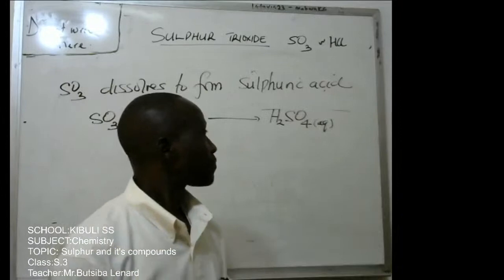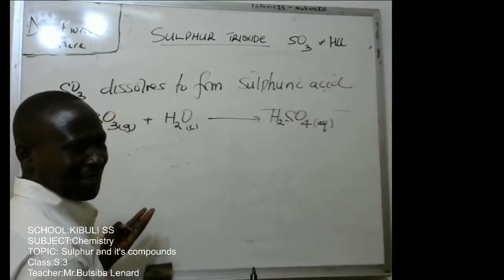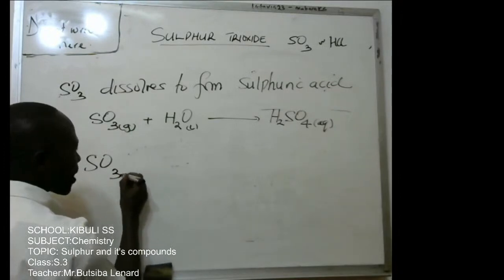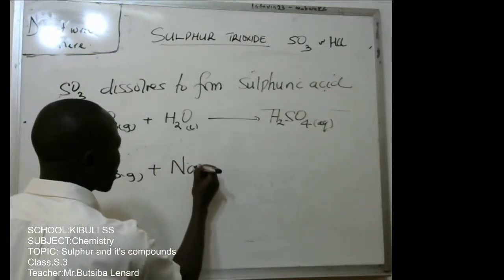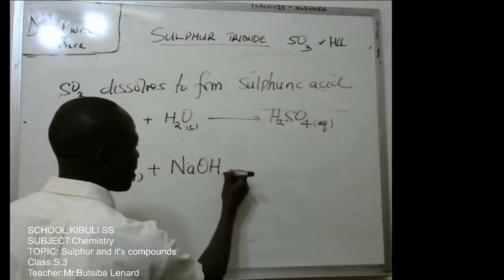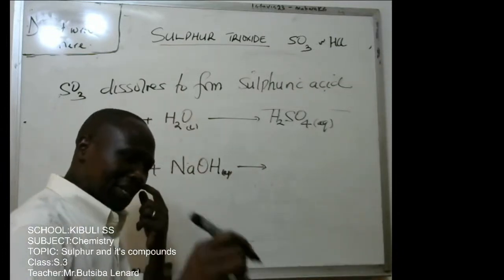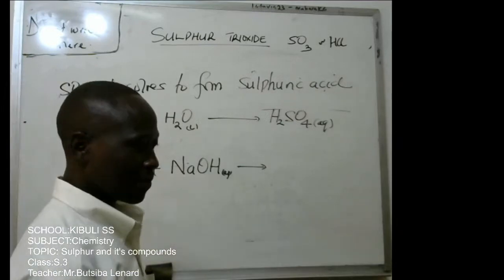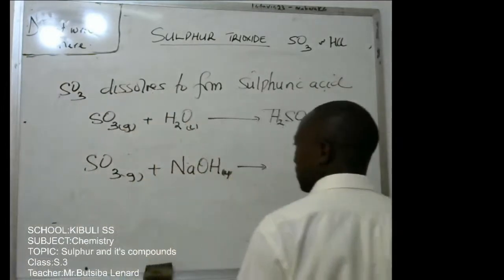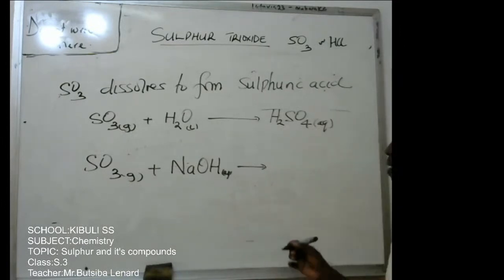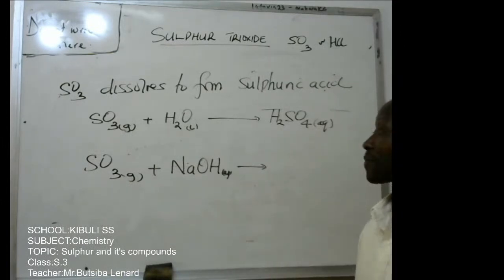Okay, thank you. That is it. The gas being acidic and the sodium hydroxide being alkaline, what do you expect? You can't get a chicken and put it near a fox. It will be eaten. These two are opposite. So what do we form this time?